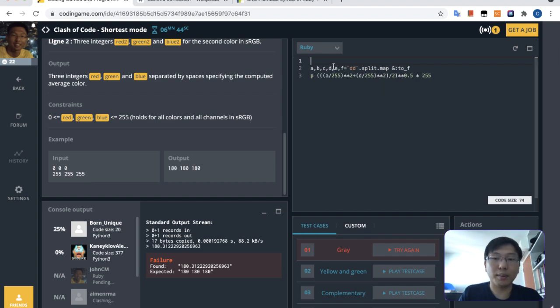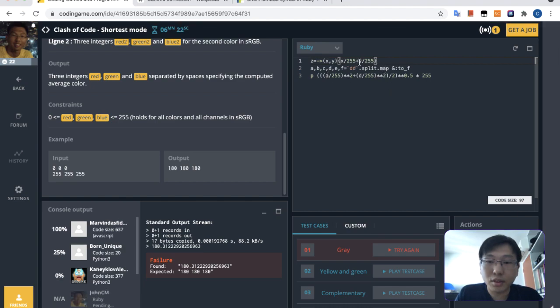So maybe we call it lambda z. Okay, so our z takes in two parameters, x and y. Okay, and it does this operation here. X divided by 255 plus y divided by 255. Okay, we need to square both of them. Divide by 2.